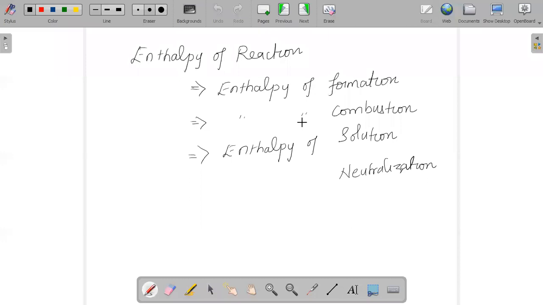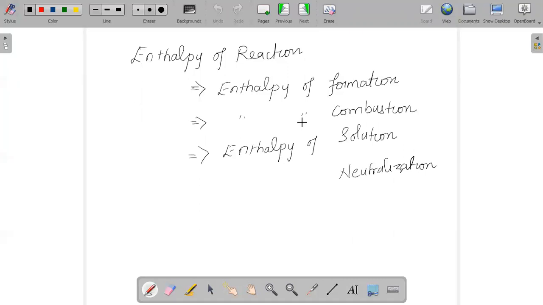So it is the amount of heat required in order for the reactant to form a product. During the reaction, both chances are there: energy can be released or energy can be absorbed.